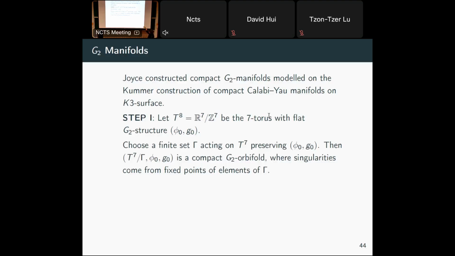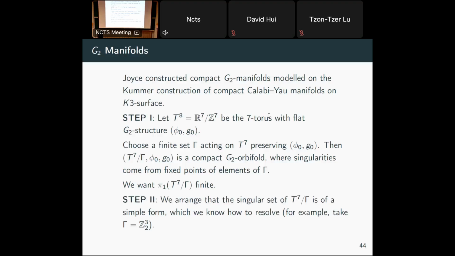Then he took the quotient, which gave an orbifold, and the fundamental group is finite. That's an important condition to have full holonomy. You don't want to come up with a Spin(7) manifold that turns out to be a Calabi-Yau. So what's the point? We already have those examples. We want non-trivial full holonomy examples.